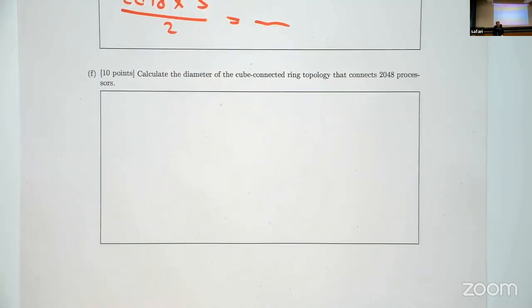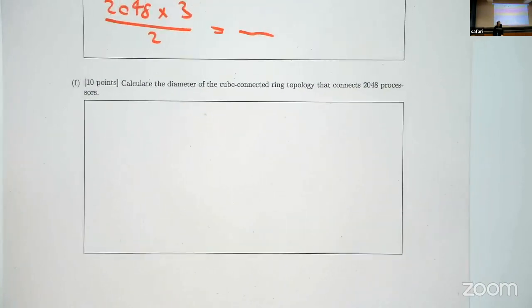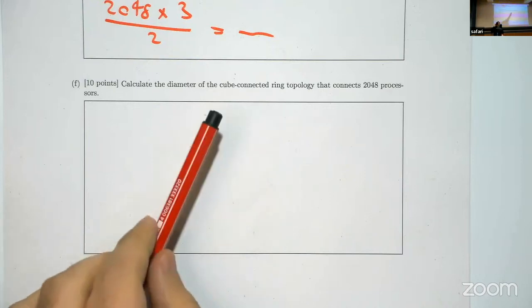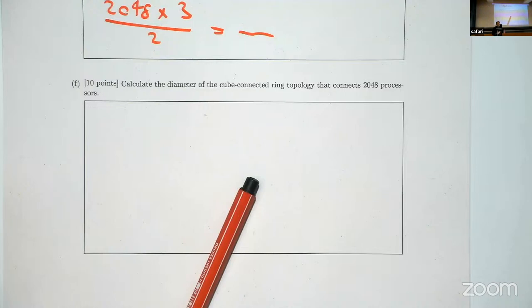So calculate the diameter of a cube connected ring topology that connects 2048 processors. In the end, again, the definition is the longest path in this cube connected ring, so you need to combine your understanding of ring and hypercube. Basically, the destination node should be the one which is farthest in the ring and also farthest in the hypercube, right?